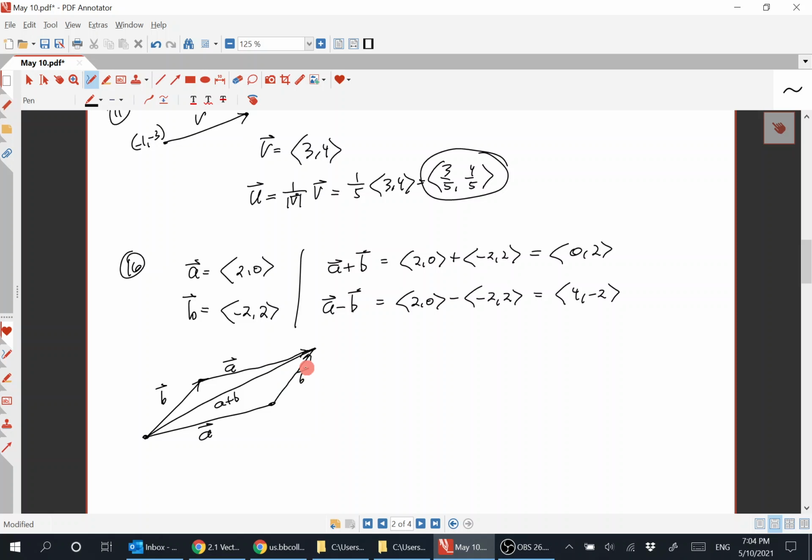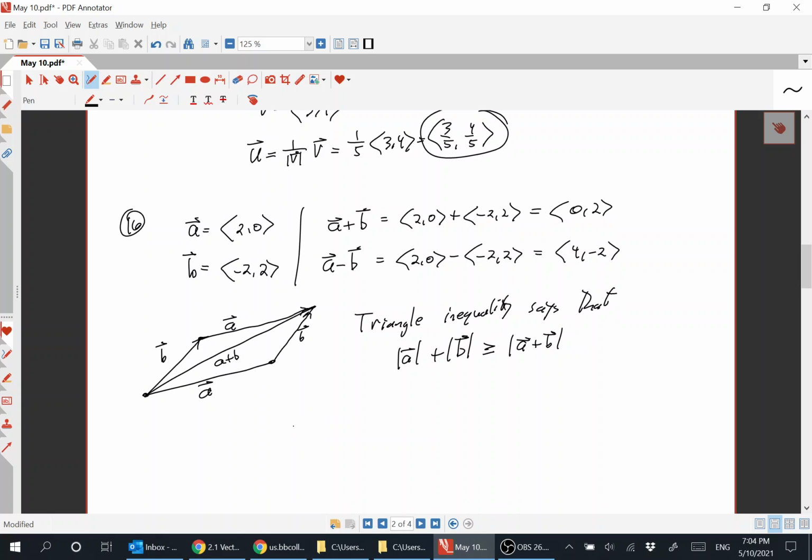All right, so the triangle inequality says the length of a plus the length of b is greater than or equal to the length of a plus b. So here, the length of a is 2.